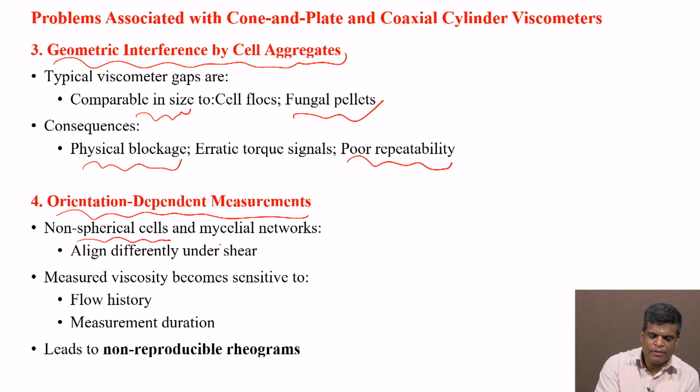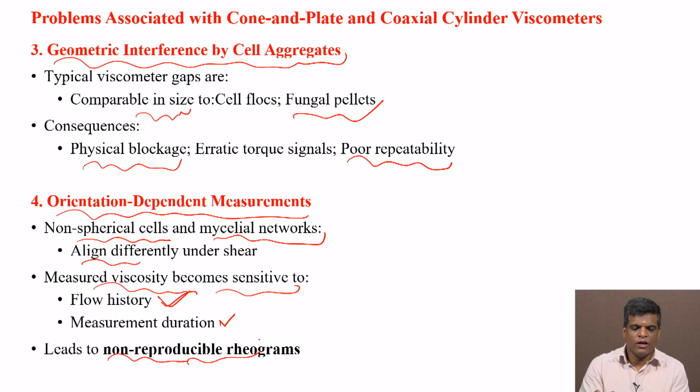Non-spherical cells and mycelial networks are aligned differently under shear. So the measured viscosity becomes sensitive to flow history and measurement duration. We cannot get reproducible rheograms; it gives a different rheogram when you use the cone and plate and coaxial cylinder viscometer.